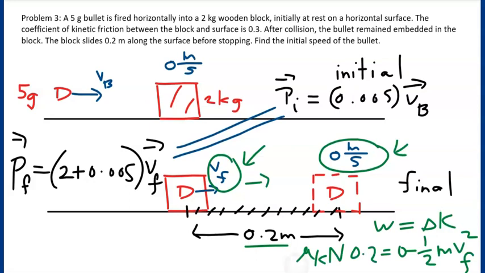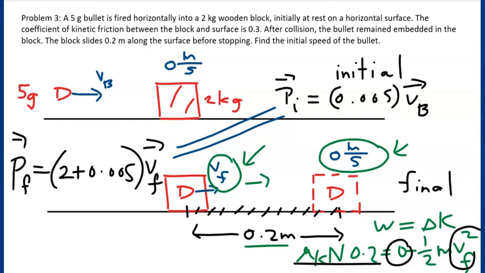So that is given by this expression right here: mu k times the normal force times 0.2 meters. And the right hand side is the change in kinetic energy. The final kinetic energy is 0, and the takeoff kinetic energy is half times mass times this takeoff speed squared.